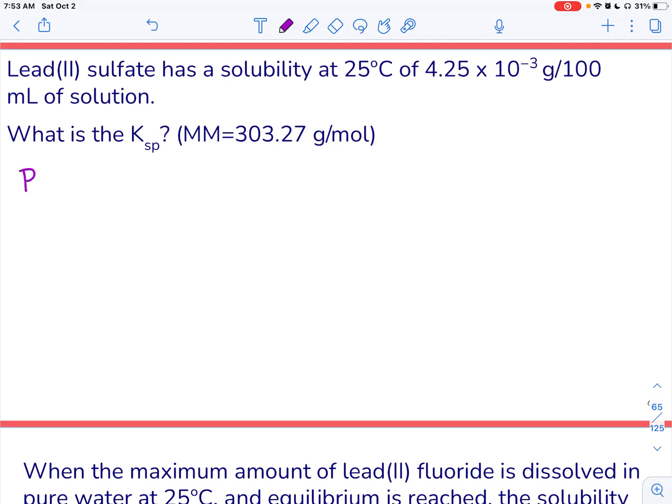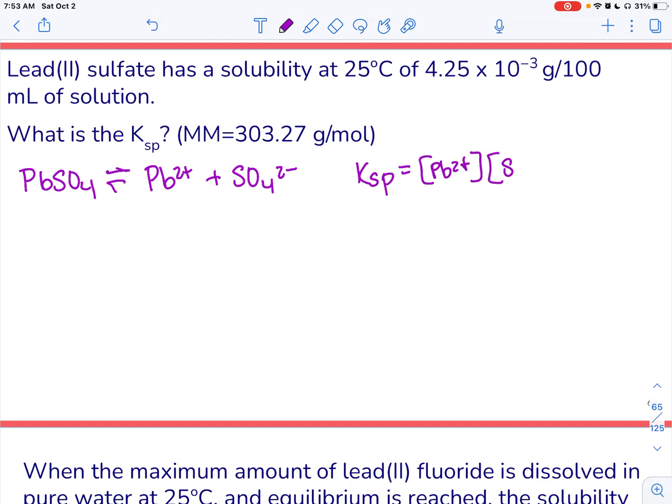So I would write my precipitate and then my two ions. And this is balanced as is. So now my Ksp expression for this would be the concentration of lead 2+ times the concentration of sulfate.